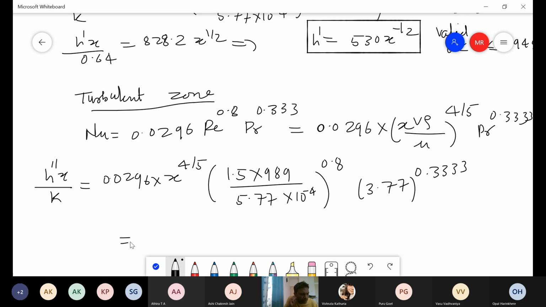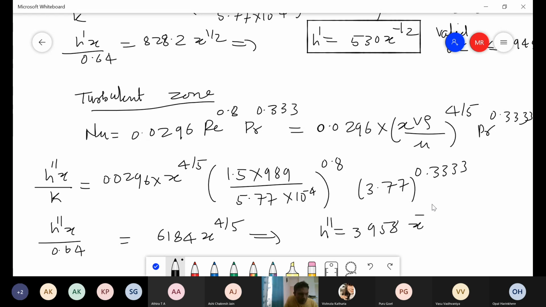So what we get from this is, I'll just write down the final expression, h'' x by k is 6184 x raised to the power 4/5. K is 0.64, isn't it? So from this we can simplify and find h'' as 3958 x raised to the power minus 1/5.